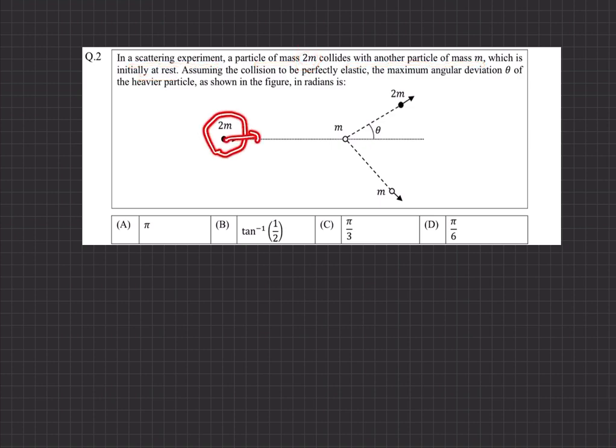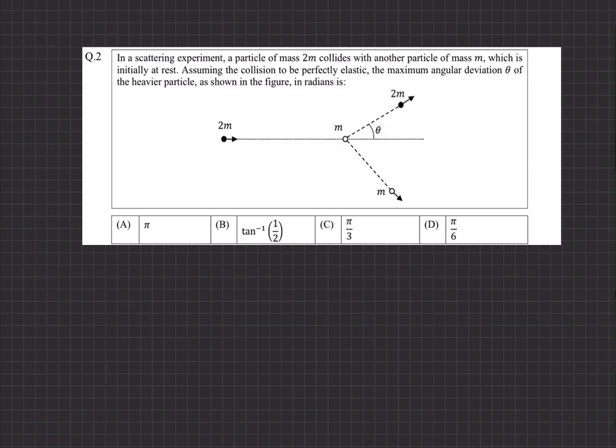So the 2m mass is moving but the m mass is at rest. Assuming the collision to be perfectly elastic, what is the maximum angular deviation theta of the heavier particle? So how much will this 2m mass deviate? This deviation angle is given by theta. They are asking what is the maximum possible value of this theta.